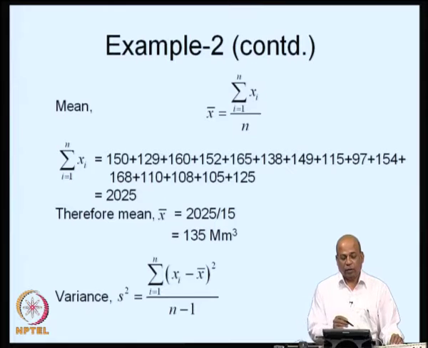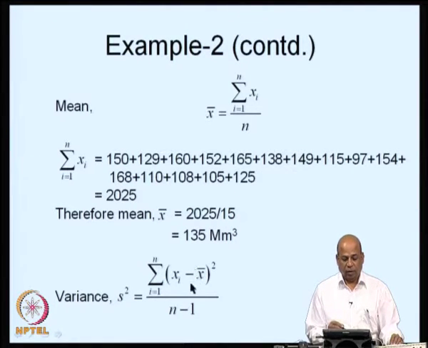First we get the sample mean as simply the arithmetic average: add up all the values and divide by the number of values, which is 15 in this case. So, you get the sample mean as 135 million cubic meters.